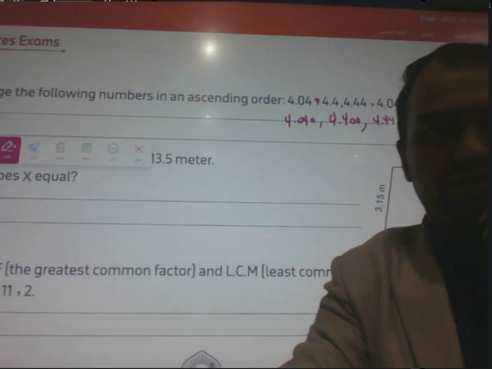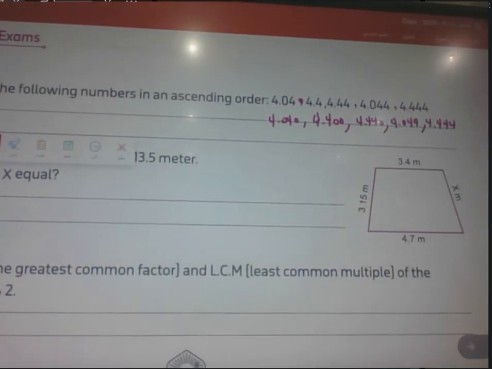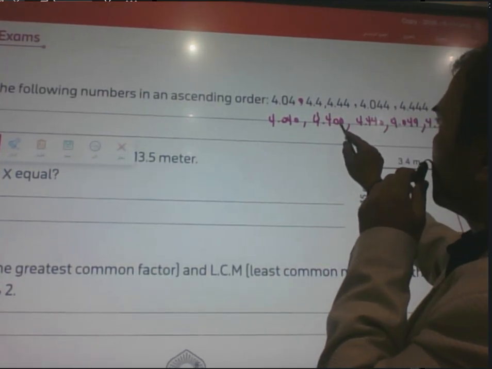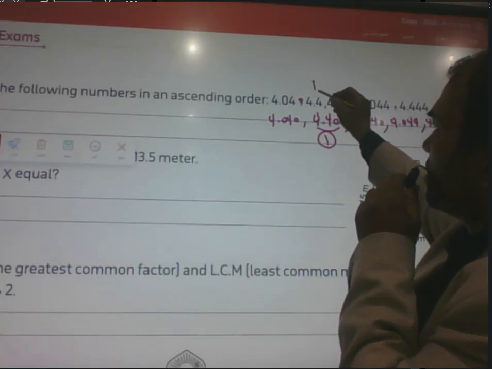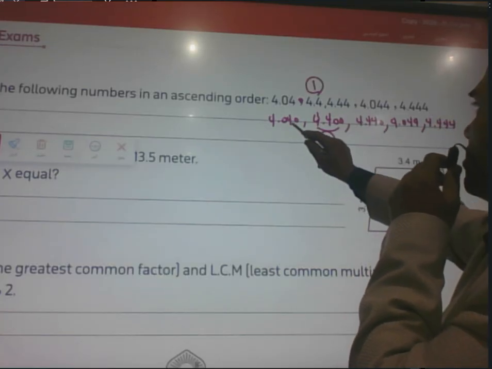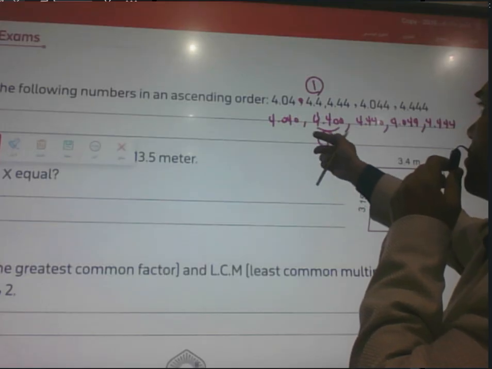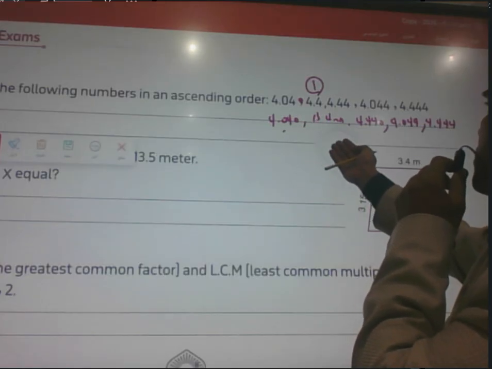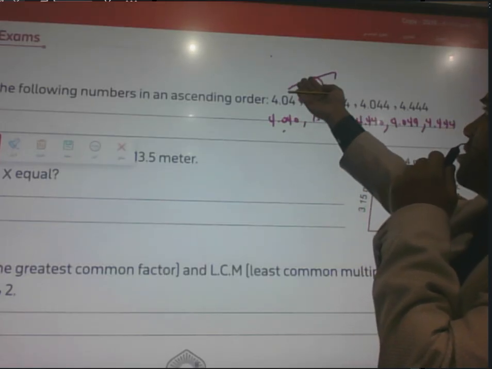Now I will arrange the numbers. The smallest number here will be 4.004, then 4.04, then 4.044.